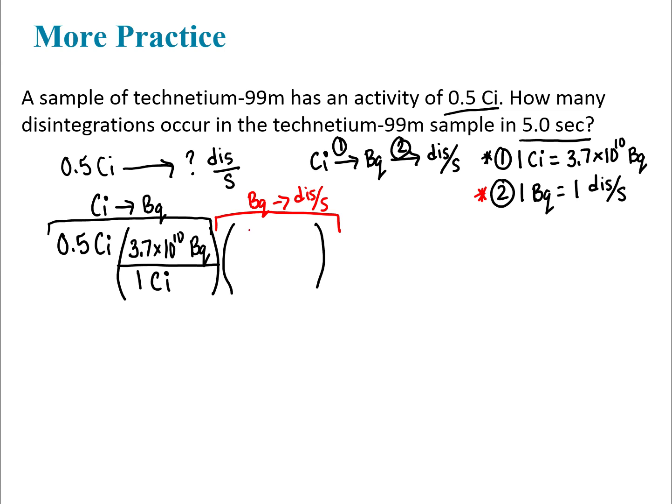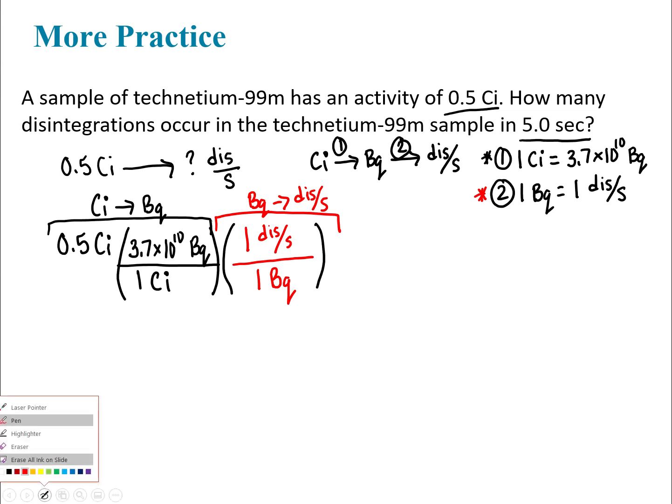Yeah, we're going to want those disintegrations per second on top. And the Becquerel on the bottom. Because we want to get rid of the Becquerel and move into disintegrations per second. So when we cancel our units out, we should get disintegrations per second. Put that into your calculator and tell me what you get.